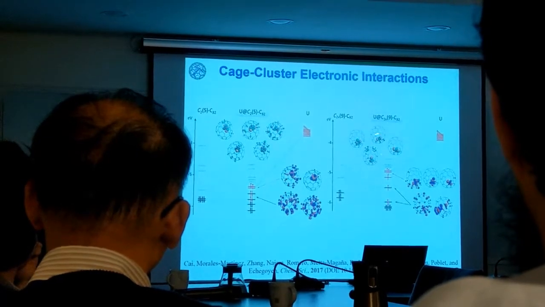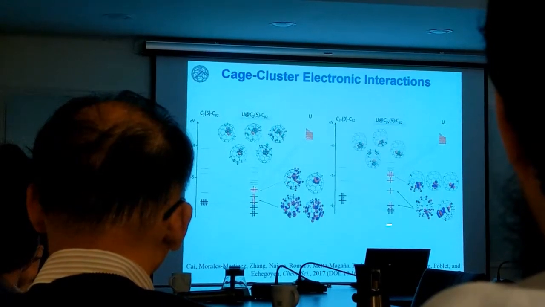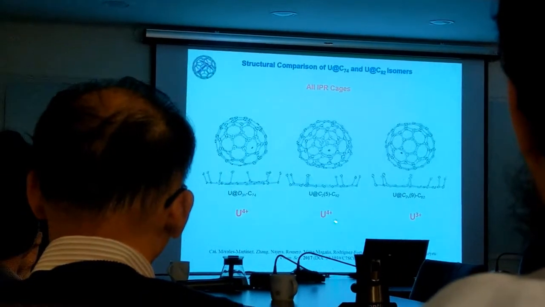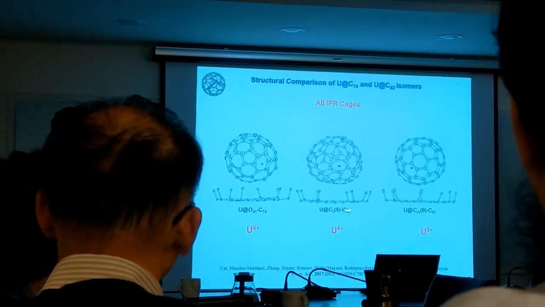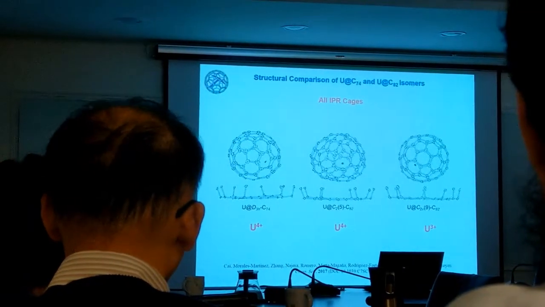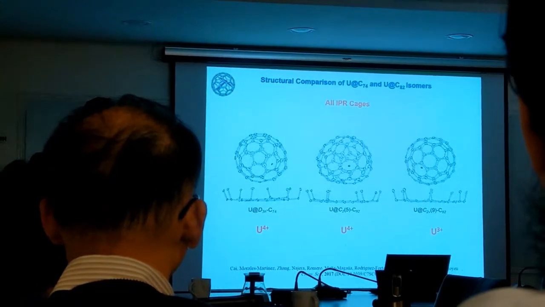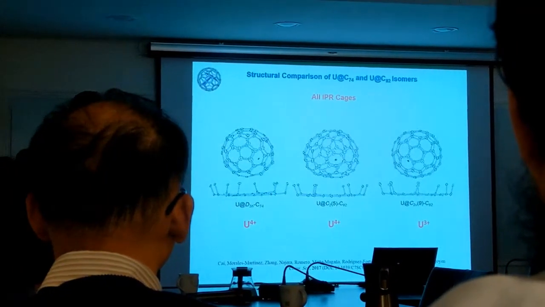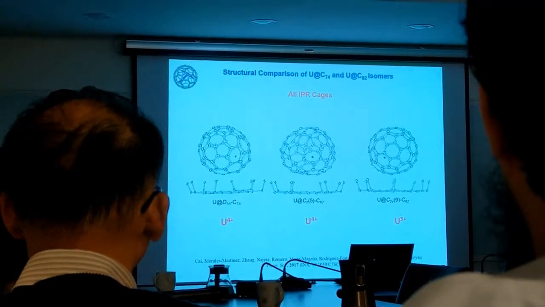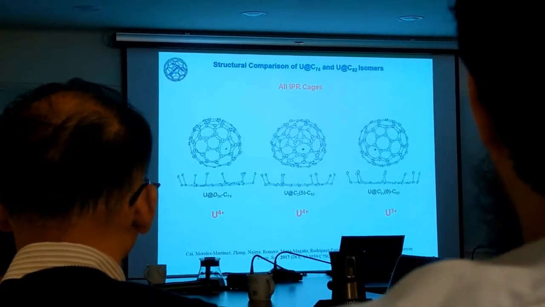Two different isomers of C82 lead to differences. So here's the conclusion: you end up with uranium-4 in the case of C74 and this isomer of C82, and you end up with uranium-3 in the case of the other isomer of C82. Quite important and interesting, because you can then modify the oxidation states of metals by simply changing the isomeric nature or structure of a cage.